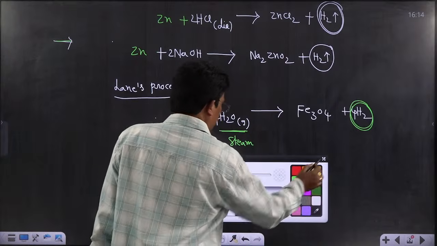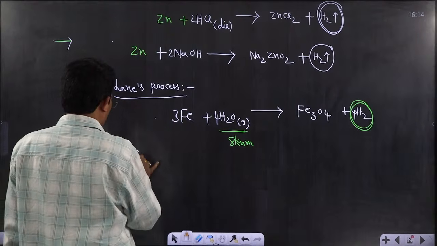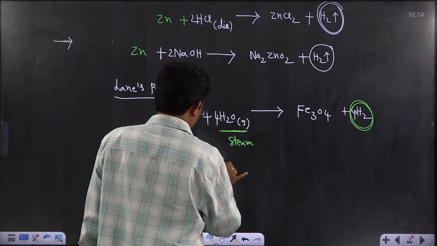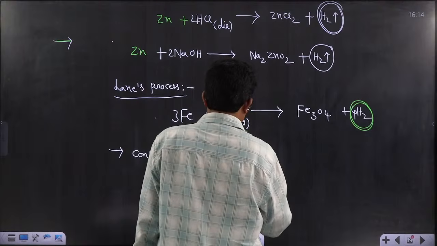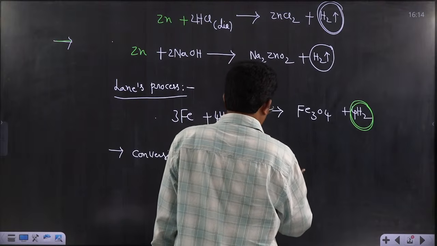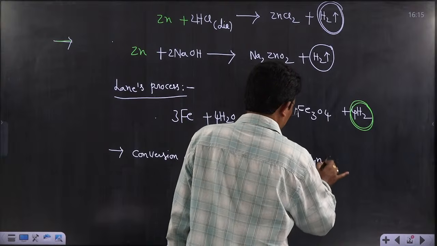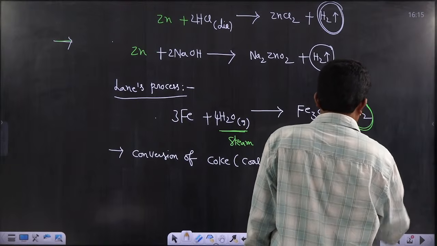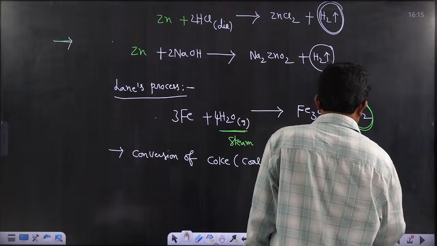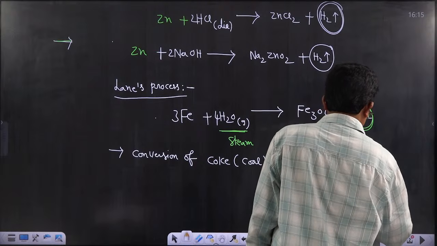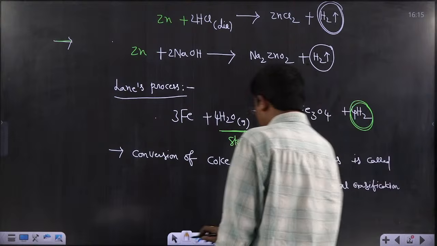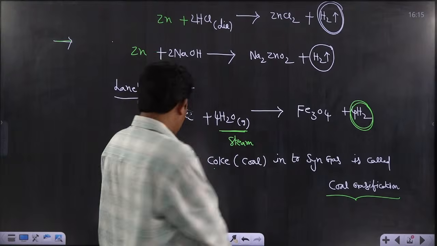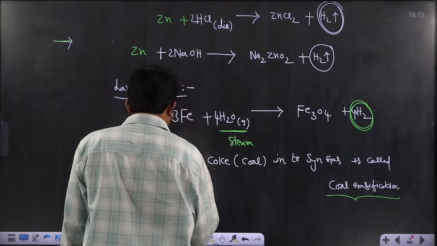Conversion of coal or coke into syngas is called coal gasification. This reaction is called coal gasification: conversion of coal or coke into gas. In this process, steam is added to hot coke.